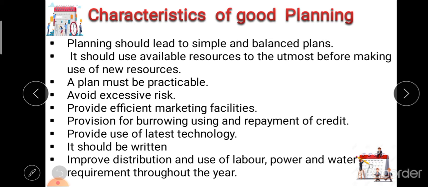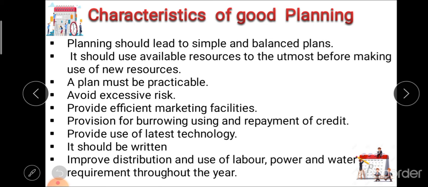After that, the next characteristic is that the plan must provide for the use of the latest technology. There must be some scope for the use of the latest technology in your plan. Next characteristic: the plan should be written. Whatever plan you prepare must be written, and only then can it be implemented.